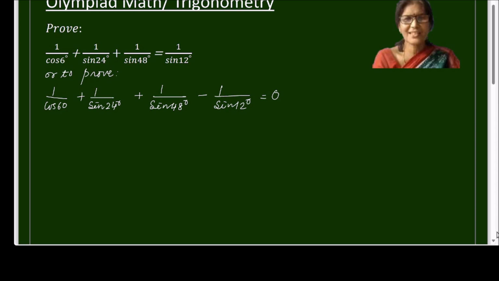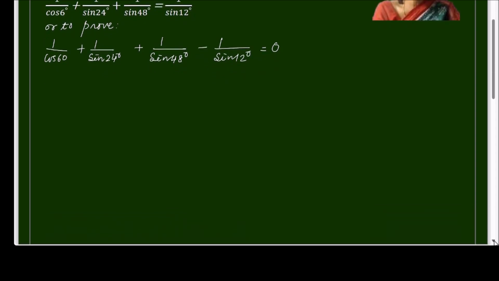I took all the terms to the left hand side and I'll prove that this will be 0. Again, I'll arrange this to make two pairs so that it will be easy for me. So LHS: 1 by cos 6 degree, with it I'll take 1 over sine 48 degree, and 1 over sine 24 degree minus 1 over sine 12 degree together.